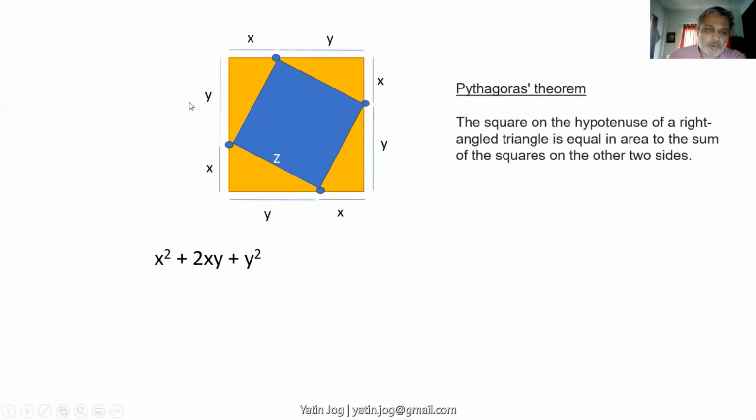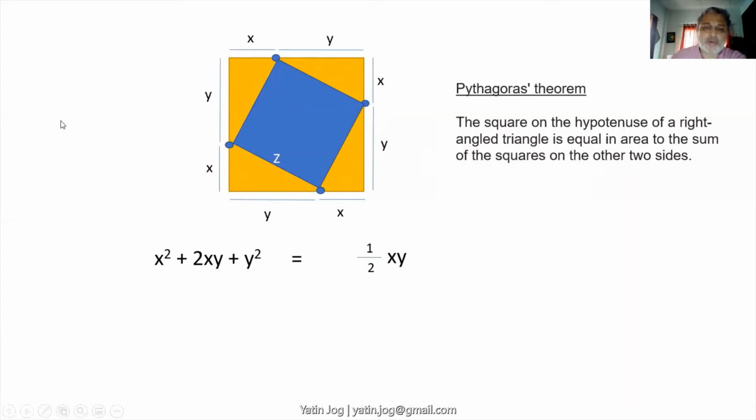Now if I want to calculate the area of this complete quadrangle, it will be equal to the area of these 4 triangles, 1, 2, 3 and 4, and the area of this square. If I add all these areas, 4 triangles and this square, that should be equal to this area, that is x square plus 2xy plus y square. So what is the area of a triangle? Now we know if this is x and this is y, the area of a triangle is half into x into y.